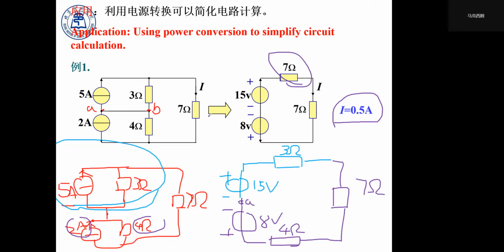By doing so, we reduce the list of several KCL and KVL equations, and we don't have to solve that. So that indeed helped us a lot, right? So this is how we apply this.